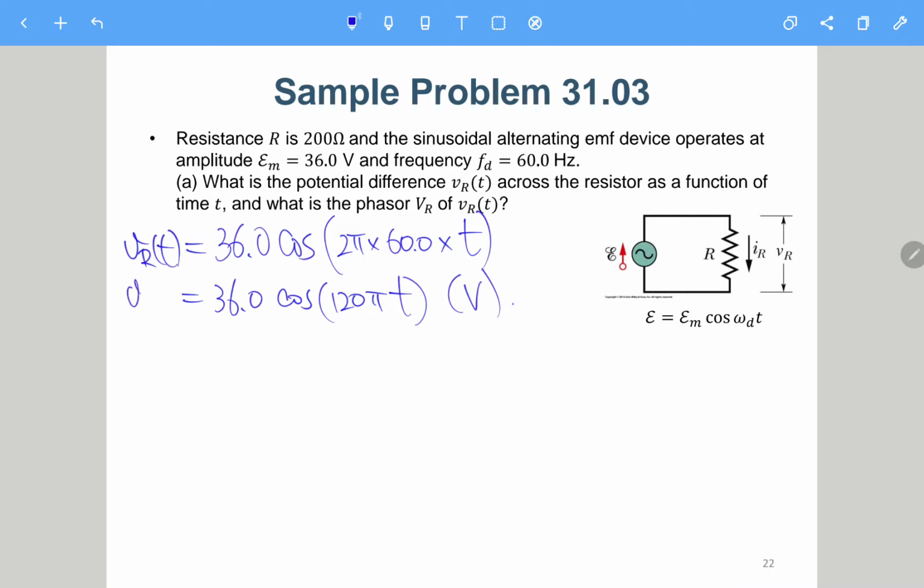So this is the time domain function, small v_R of t. And then it asks you the phasor V_R, which is nothing but 36.0 volt, somehow like the amplitude.